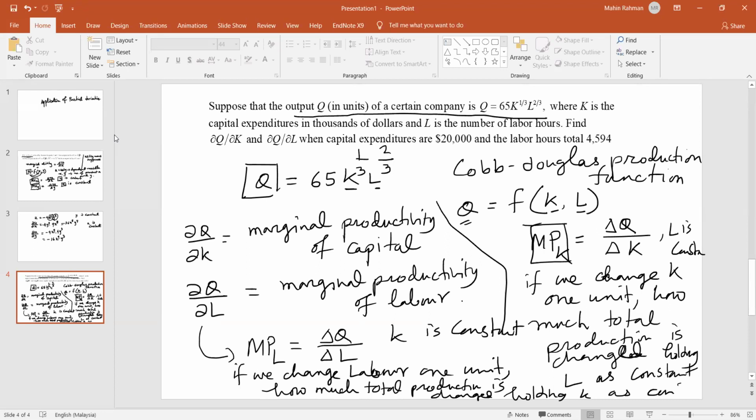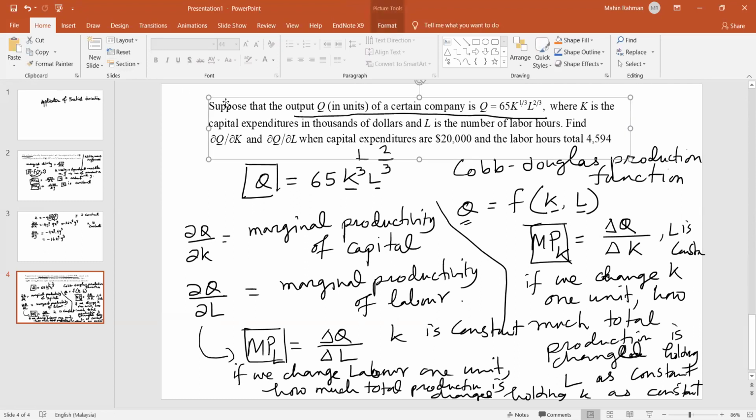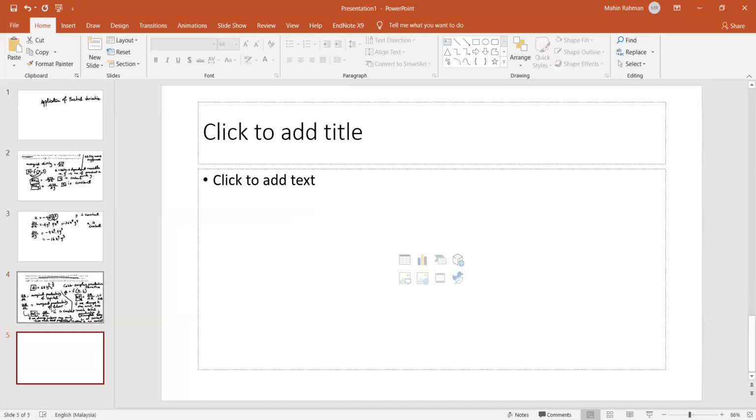So that is called the marginal productivity of labor. So you have to understand the concept, what actually we mean by marginal productivity of labor and marginal productivity of capital. Now let's do this exercise.